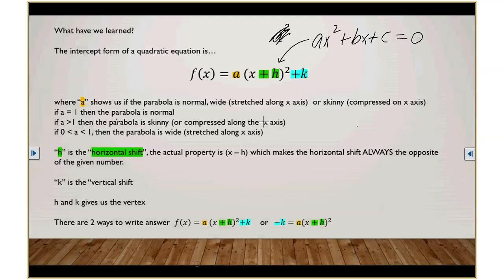And when you get it in the intercept form, what does the a tell you? It tells you orientation. It tells you if it's wide. It tells you if it's skinny. It tells you if it's normal. It tells you if it's opening up or in the other direction. The h is going to tell us what? The horizontal shift. And the k is going to tell us the what? h and k gives you the vertex.